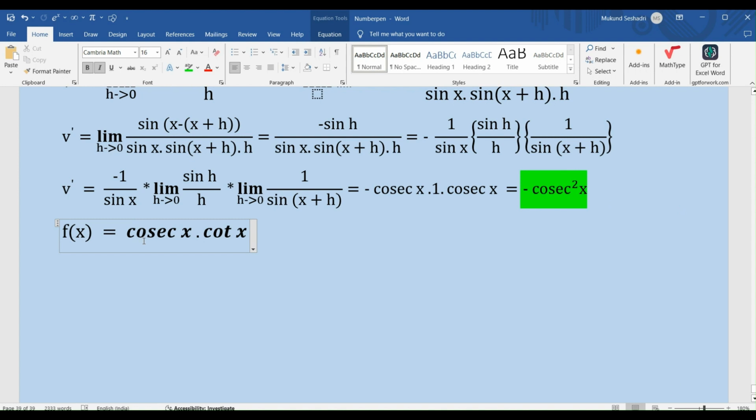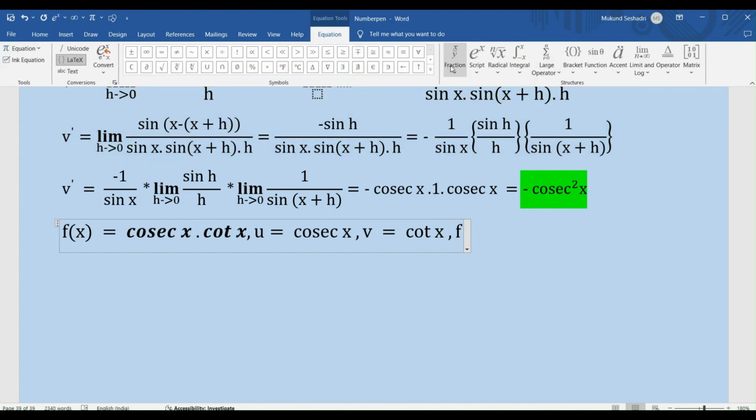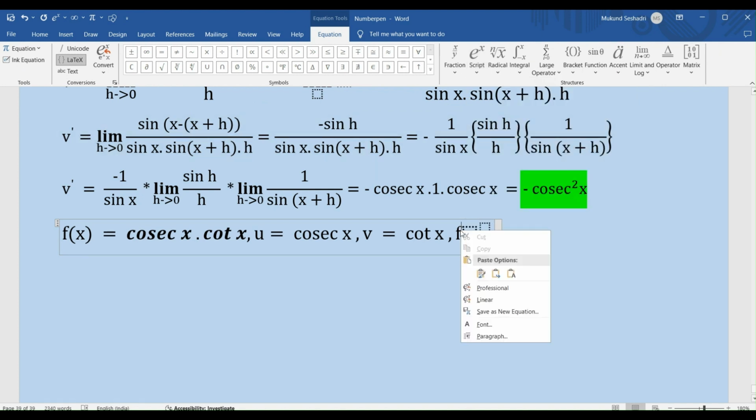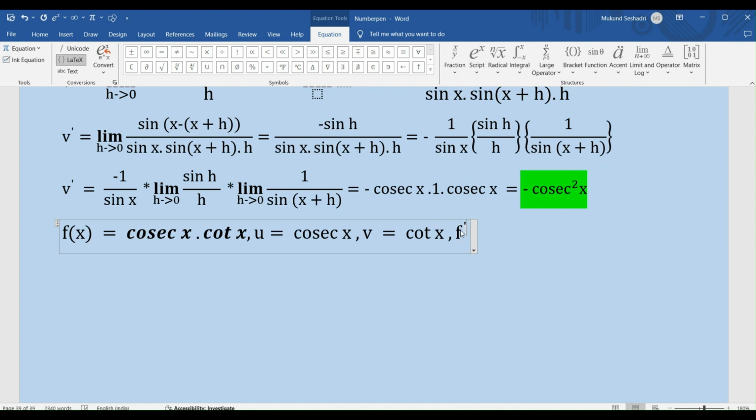So what is my f dashed? If my u is cosecant x, my v is cot x, my f dashed, which is d by dx of f, is nothing but d by dx of uv. From the product rule of differentiation, I can write it out as u v dashed plus v u dashed, right?